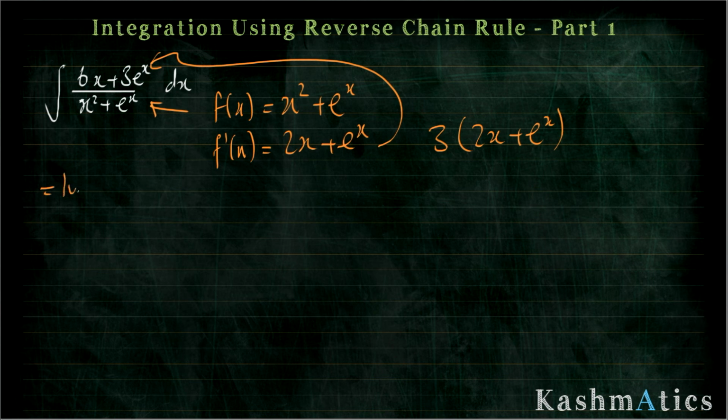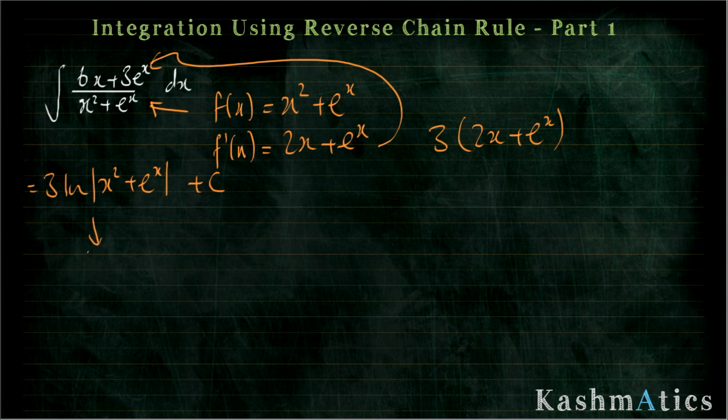I've got ln of x squared plus e to the x, add c, but that's not going to give me the right answer. What I need to make sure I do is include a 3 in order to get the correct answer. Let me just write that a little bit neater: 3 ln of x squared plus e to the x. So let's just test this.